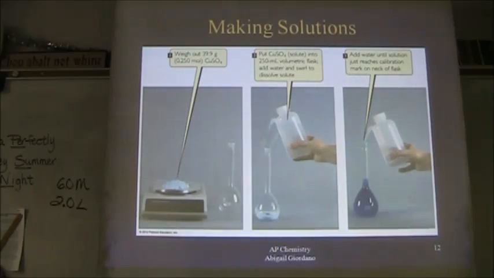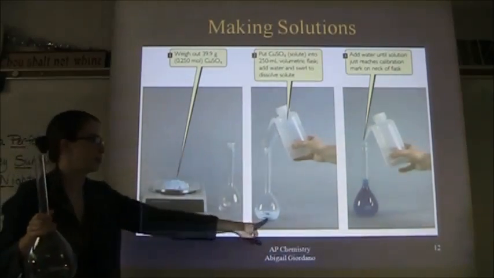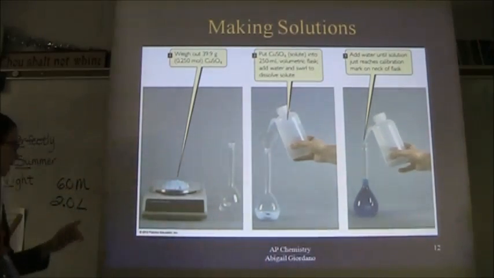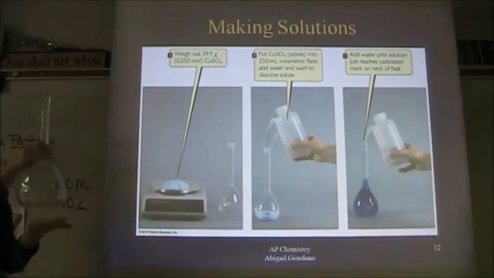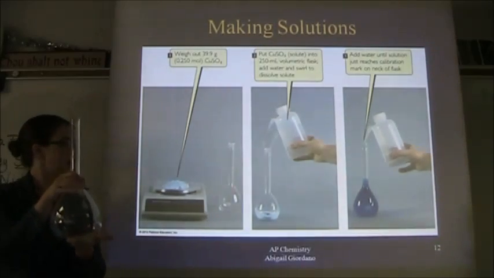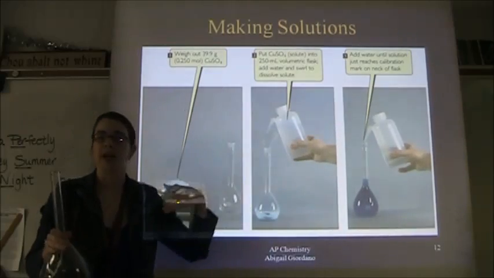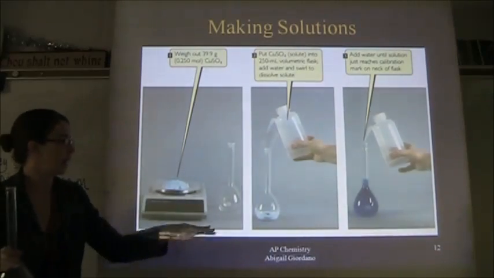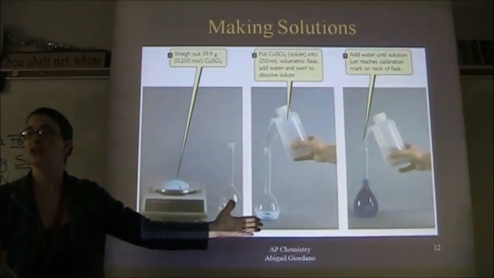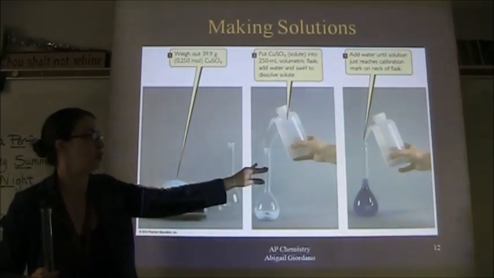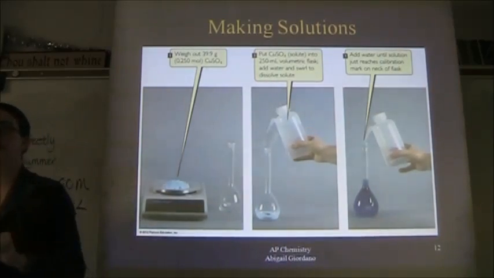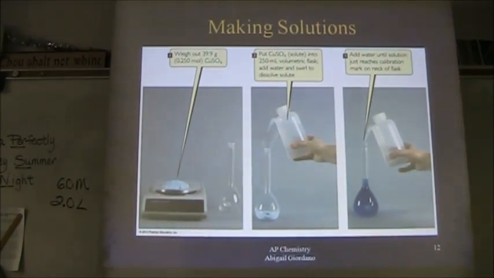So I add the copper sulfate into my, what size? 2-liter volumetric flask, which this is. And I add deionized or distilled water. And you don't even have to say how much. You just say add it up to the 2-liter line. Done. Okay? So those are the steps for creating a solution.